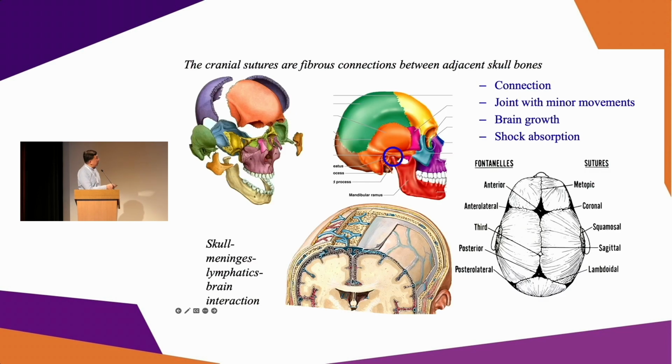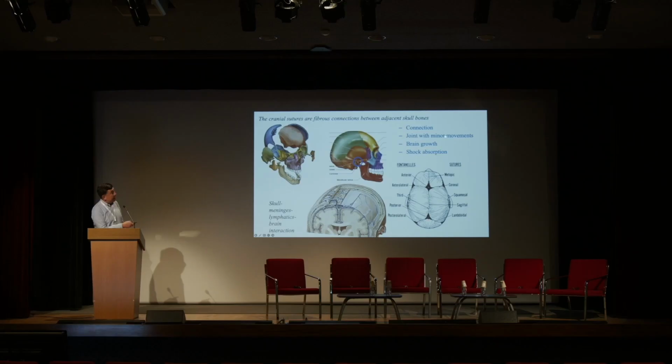As you know, in the human skull, there are 22 bones, right? They make up the human skull, with the exception of our temporomandibular joint, which is an articulating joint. All other bony elements are connected by sutures. The suture provides a connection, serves as a minor movement for the joint, accommodates brain growth, and serves as shock absorption.